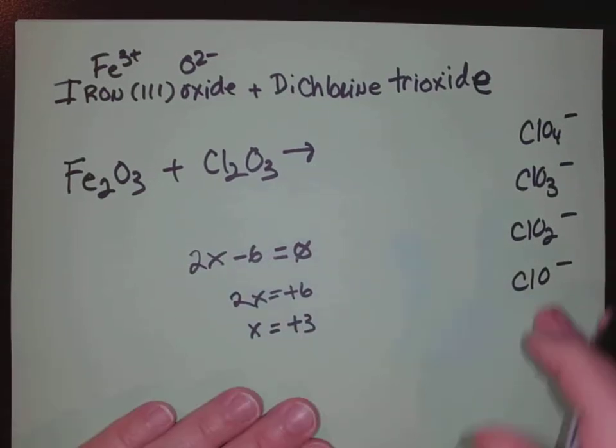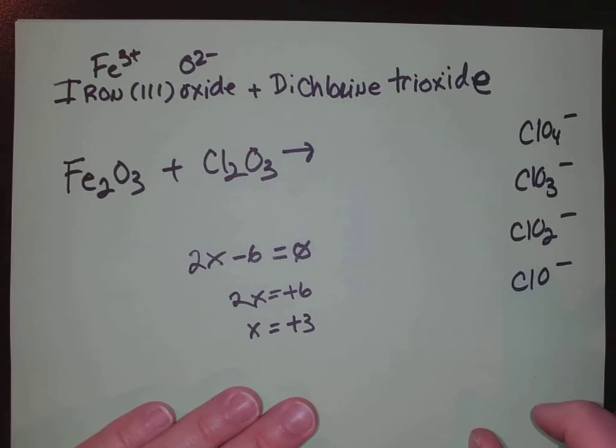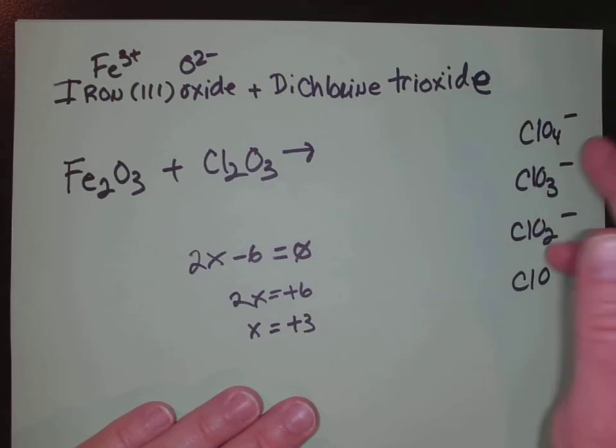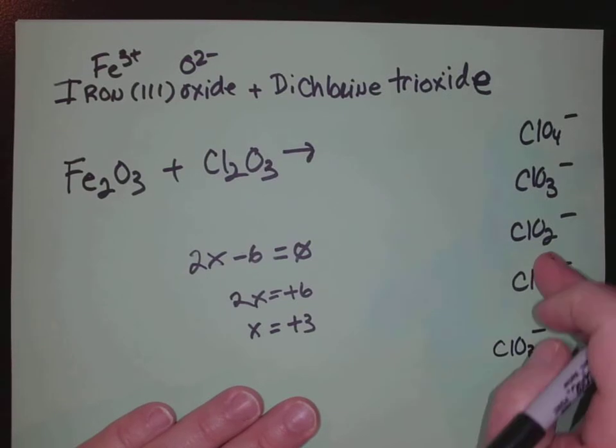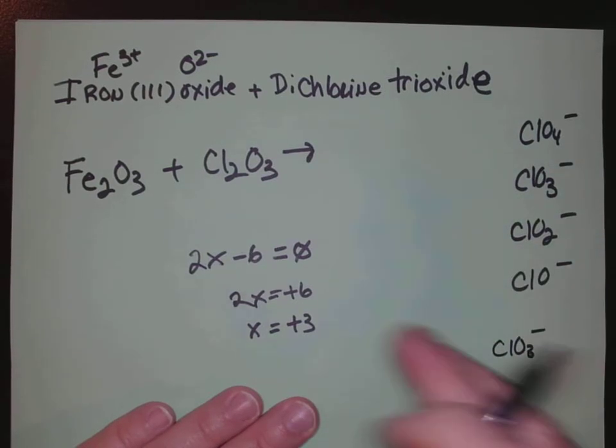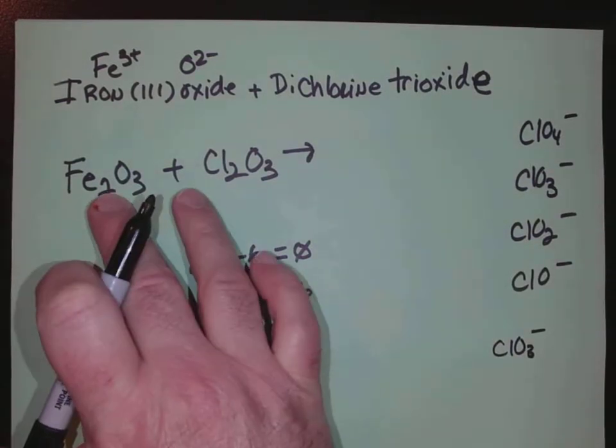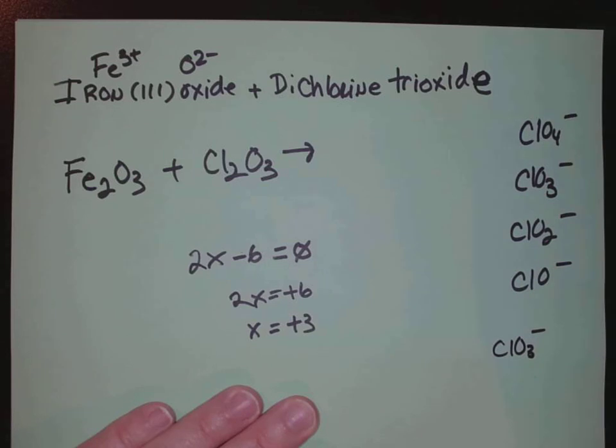So, which one of these has a +3 oxidation number? Well, let's pick out chlorate first. Let's see, just gotta pick one. And again, these oxidation numbers never change. So no matter what you're mixing it with, as long as you know the oxidation number of that polyatomic ion, it doesn't matter what the metal is.